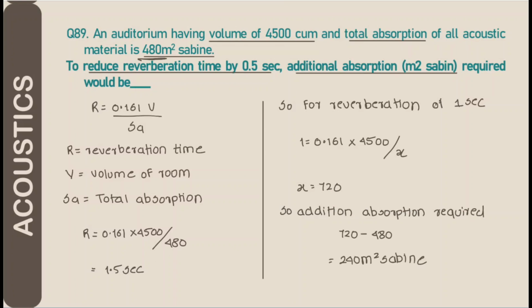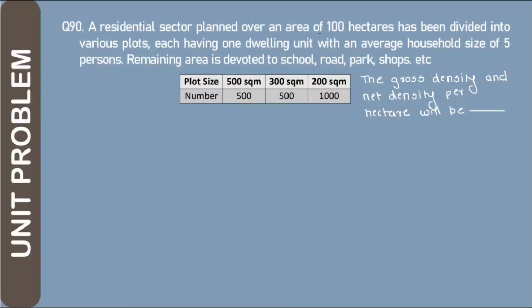A residential sector planned over an area of 100 hectares has been divided into various plots, each having one dwelling unit with an average household size of 5 persons. Table gives the detail of all the plot size and the number of their units. Calculate the gross density and net density per hectare.